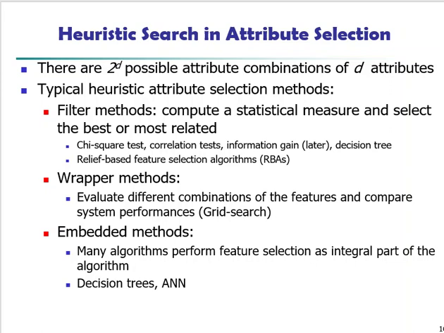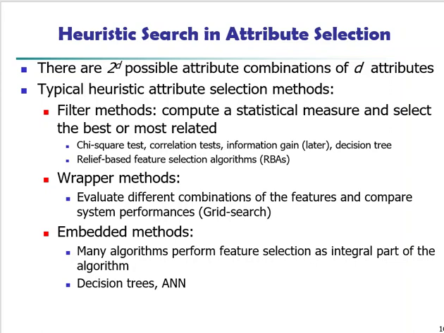Attributes that do not have any correlation may not be very good attributes to use. Similarly, correlation test does similar things. Later we're going to talk about information gain in decision trees, which can be used as a decision tree heuristic. Information gain is a way to select the best attributes to divide to create partitions in the data set. We're going to talk more about this later.